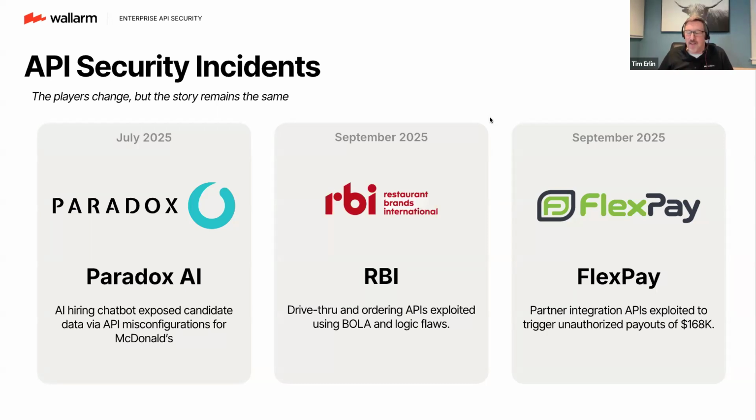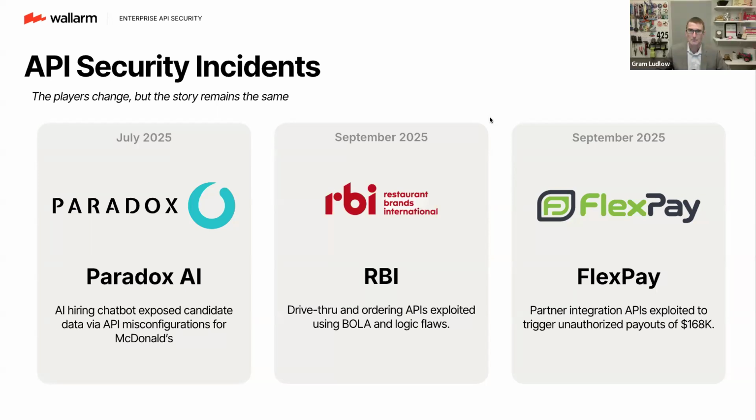They ultimately found recordings of people at the drive-through that they could listen to, which is interesting but not related to the actual exploit. Those recordings were being fed to AI for analysis, an interesting business piece of it, but definitely an illustration of the business logic issues that are becoming prevalent with APIs.